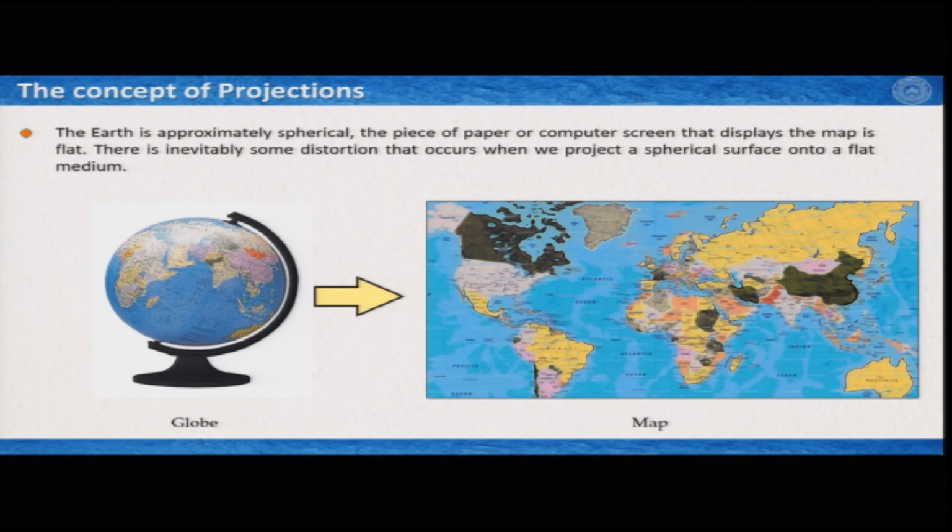Now, how is this spherical map converted to this map is a question, and if you try to do that, say if you break this globe and then try to make a rectangular area, interestingly you cannot do it. If you have to fit it, you have to stretch some areas, you have to deform some areas of this globe, and then only you can make this flat map.